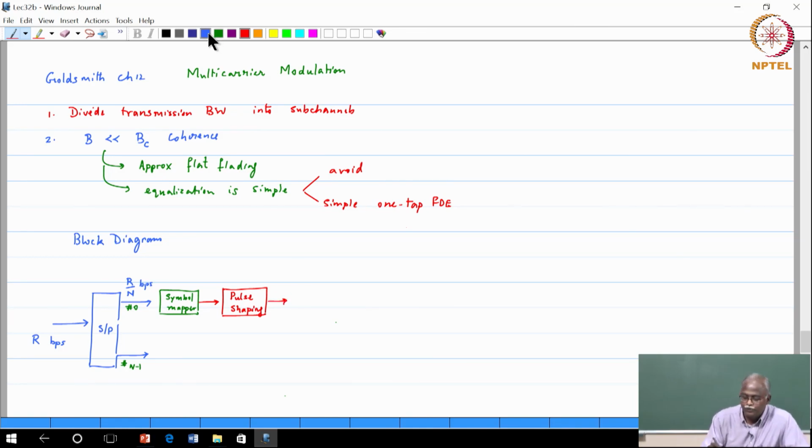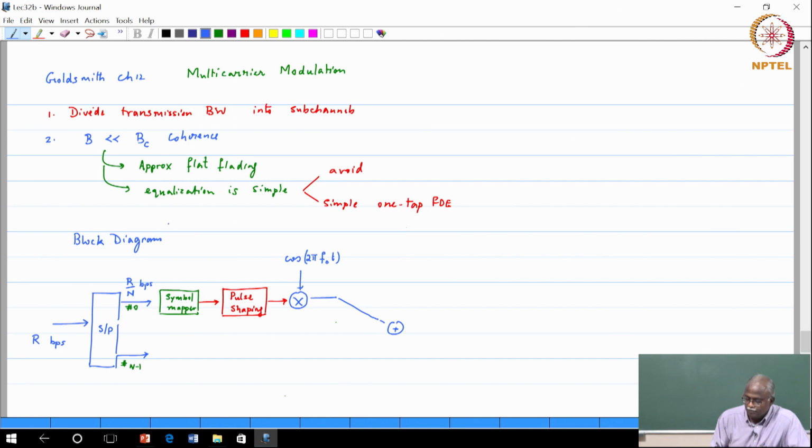Now, you have to translate it into carrier frequency. Okay. So, the multi-carrier modulation says first channel I am going to translate it to a frequency f naught, multiplying by cosine 2 pi f naught t, and then add it up.